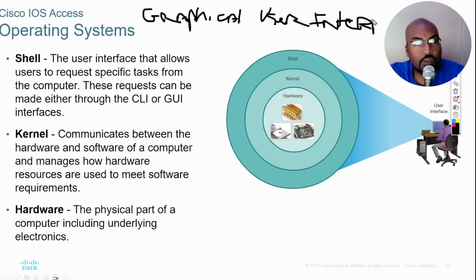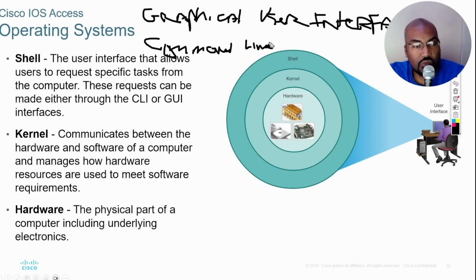That's what the GUI stands for, the graphical user interface. CLI stands for command. This is really hard with a mouse, but it's pretty fun too and interesting. Command line.